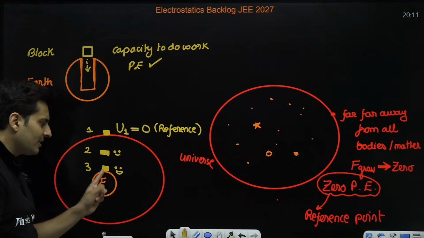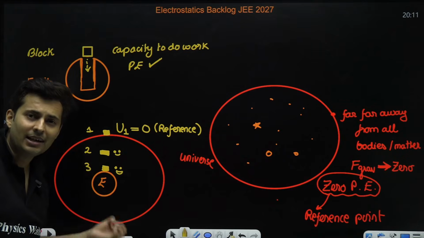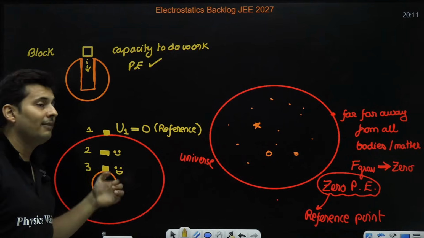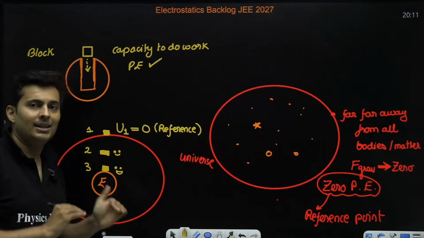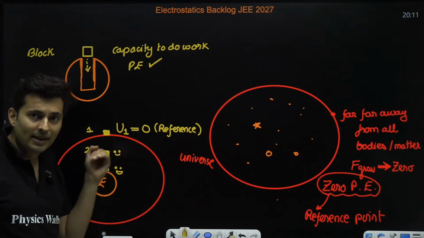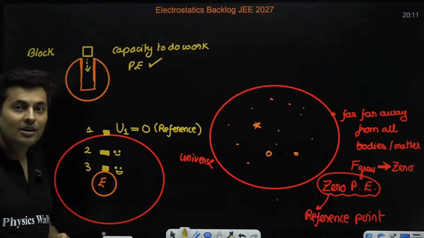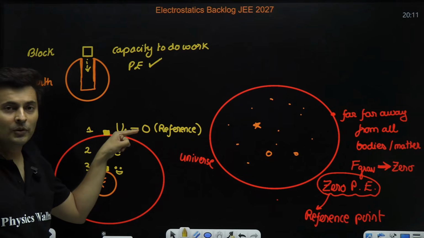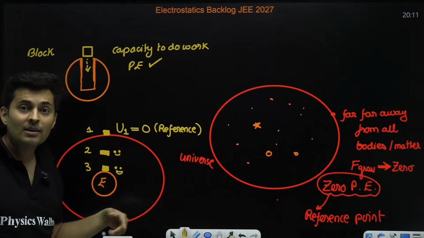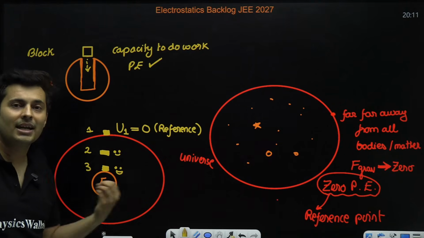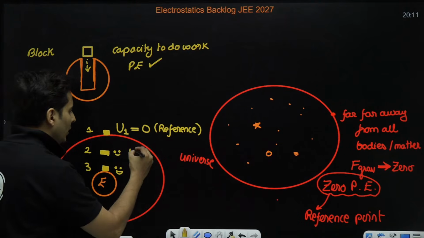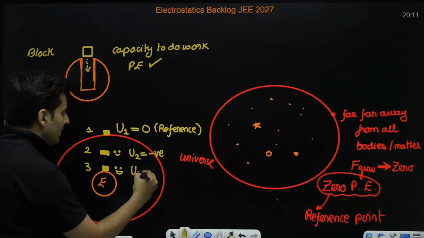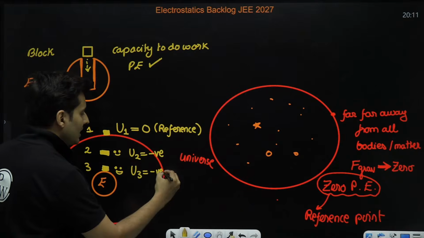So this system is becoming happier and happier when this block comes closer. So it should have lower potential energy. Oh, so here the potential energy was 0, it became lower than that. What is lower than 0? Negative. So that's why the potential energy at this place will be negative. The potential energy at this place will be even more negative.